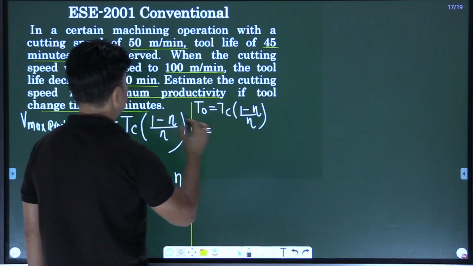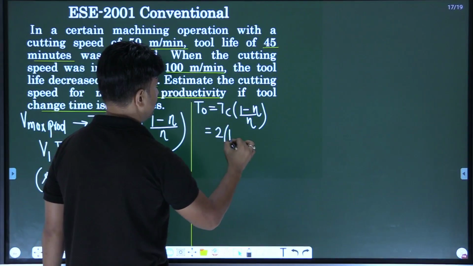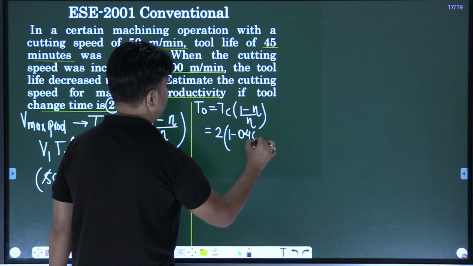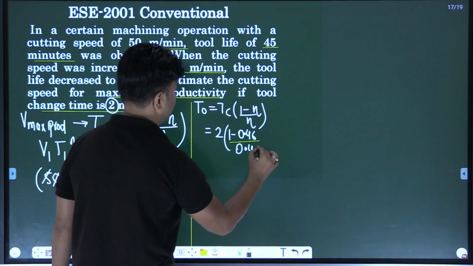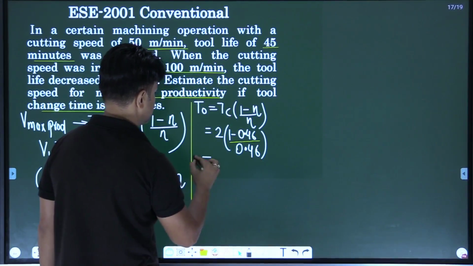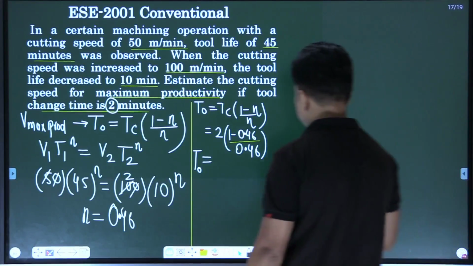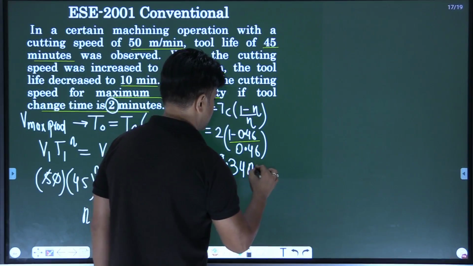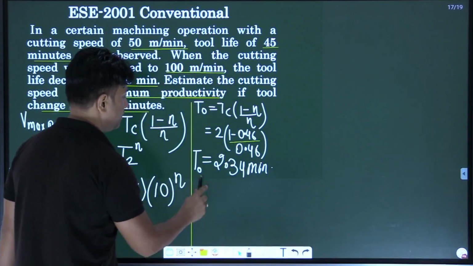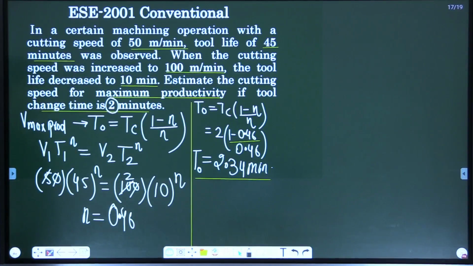Tc is the tool changing time, that is 2 minutes, into (1 minus 0.46) divided by 0.46. T naught comes out to 2.34 minutes, right. Is it clear? It is 2.34 minutes.